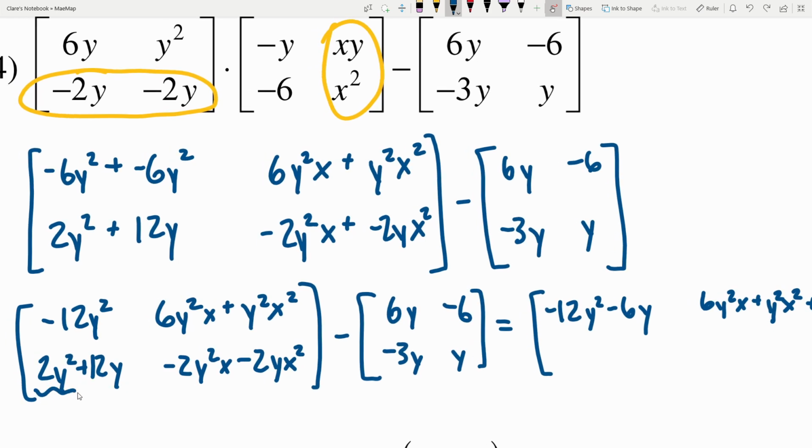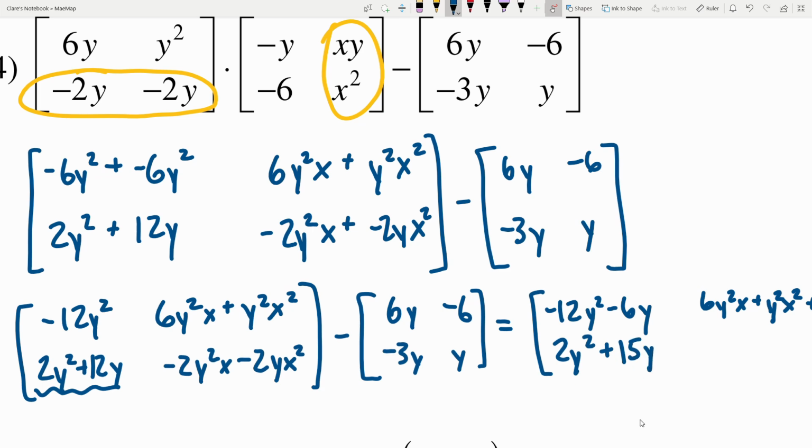And then 2y squared plus 12y minus a negative 3y, that's 2y squared plus 12y plus 3y. So I can combine things in this case because 12y plus 3y gives me 15y. So I'll have 2y squared plus 15y.